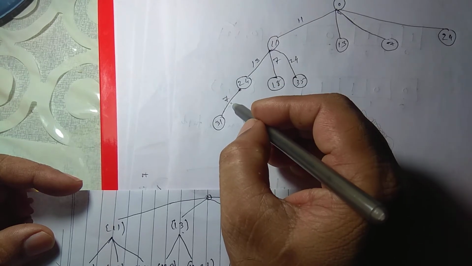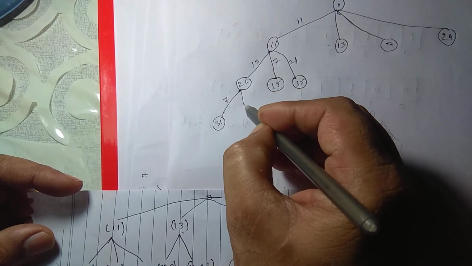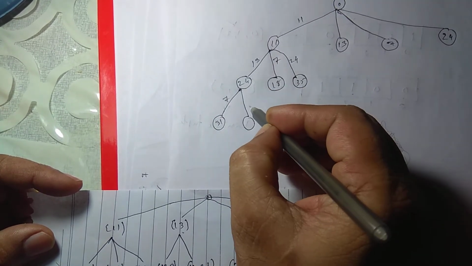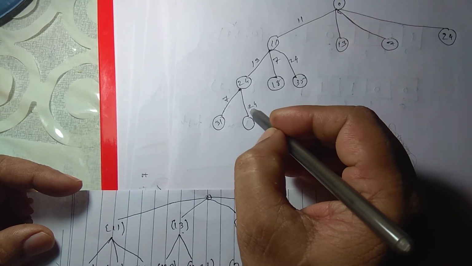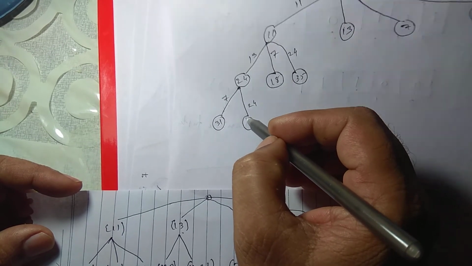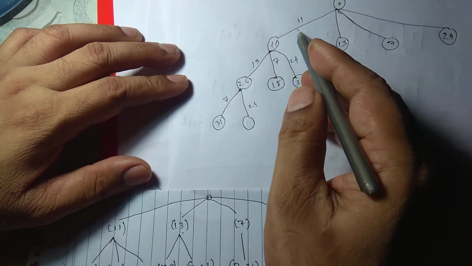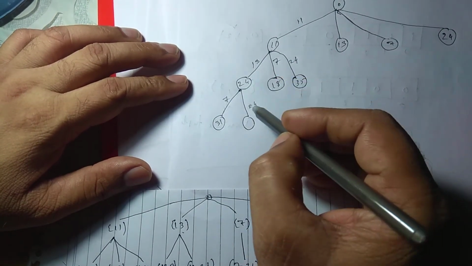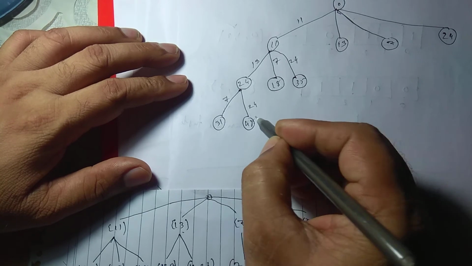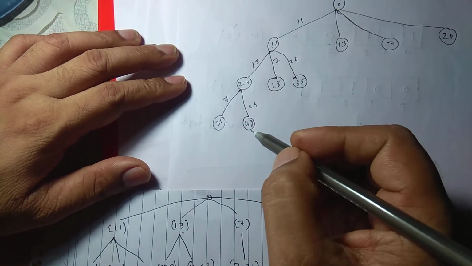Then 11, 13, 7, then one more element is remaining, that is 24. I will consider 24, then I will be getting a sum 11 plus 13, 24 plus 24, it is 48.